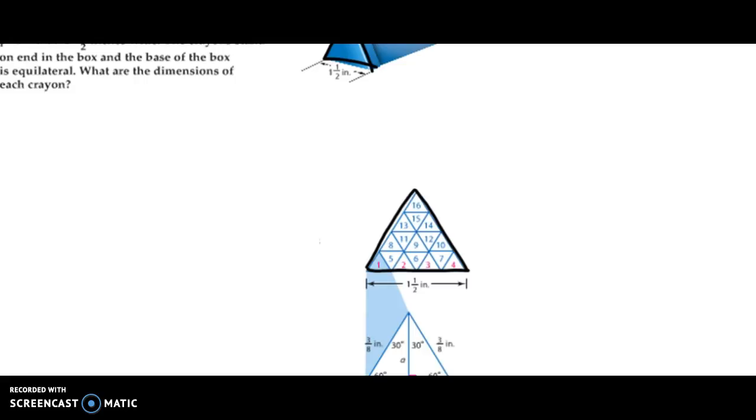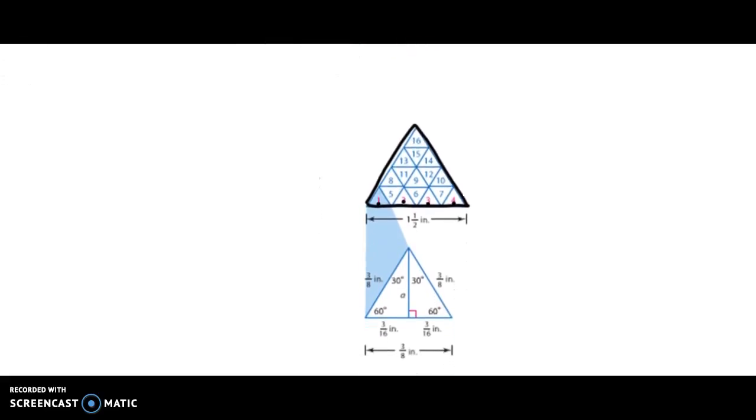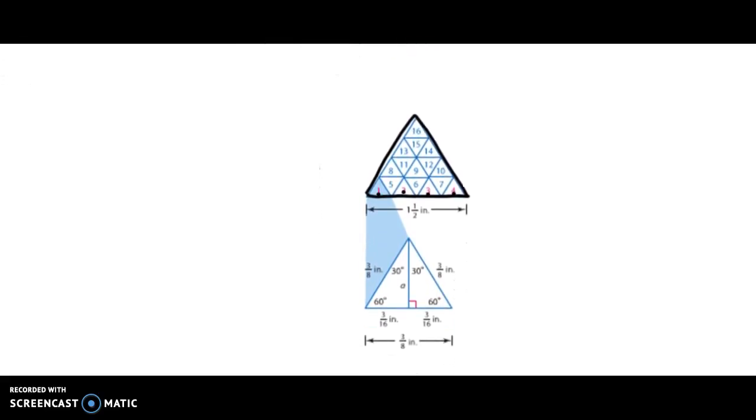So what we can do then is we can say, okay, well the bottom of each one of these 4 triangles has to add up to 1 1/2 inches. So we divide 1 1/2 inches by 4, and we find that each crayon is 3/8 inches along the side.